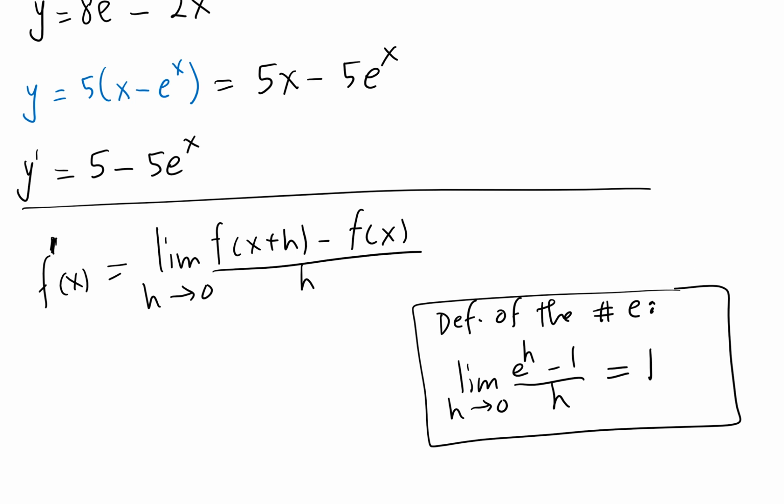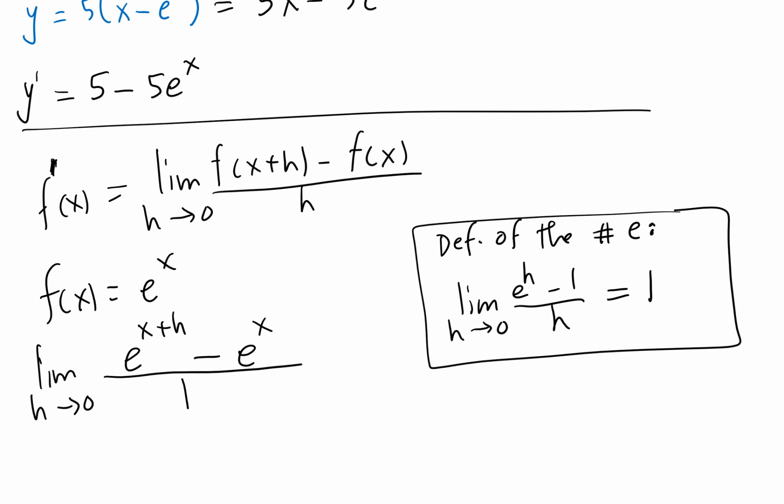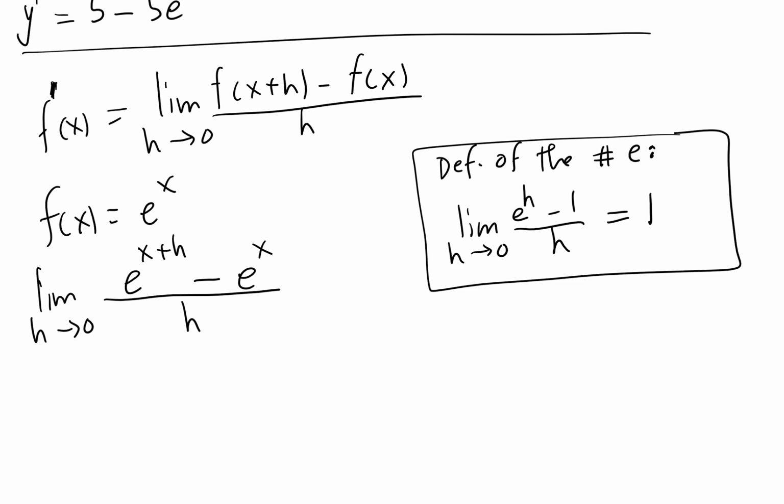But if I want to apply this to the function f of x equals e to the x, then we find the limit as h goes to 0 of f of x plus h, so e to the x plus h, minus e to the x, over h. How are we going to prove that this is e to the x?